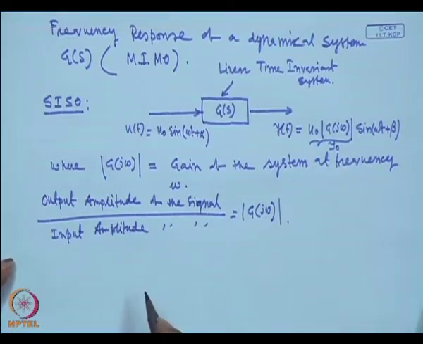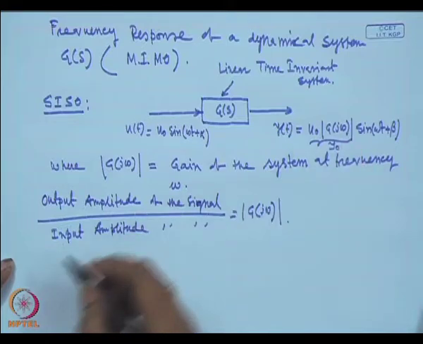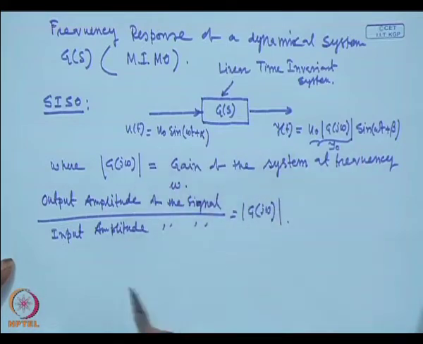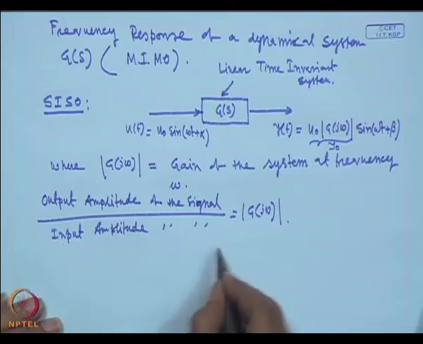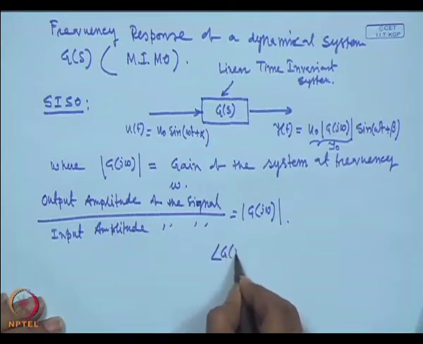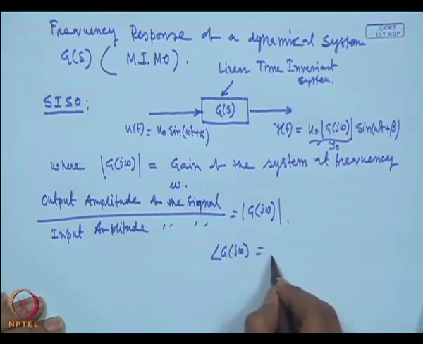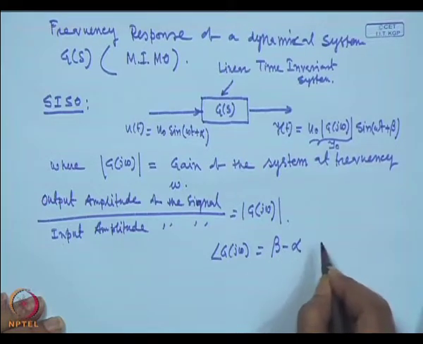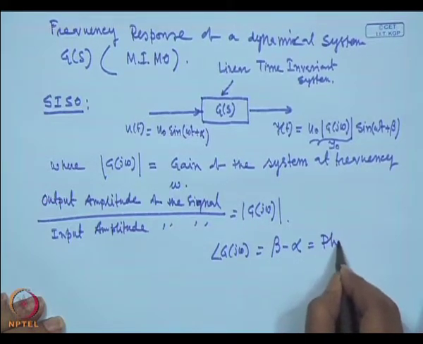And what is the phase angle associated with this one? We can easily see the phase angle associated with G(jω) is nothing but β minus α, the phase shift.